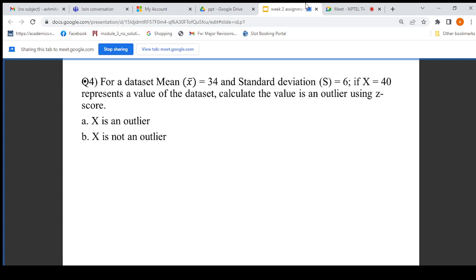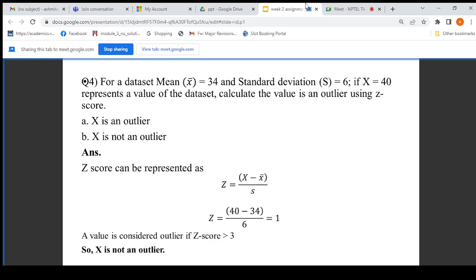First you have to calculate the mean of the data set as well as the standard deviation of the data set, and then you have to use the formula of the z-score. Here is the formula of the z-score, and if the z-score value is greater than 3, then we consider this value an outlier, and if it's less than 3, then we consider it's not an outlier.